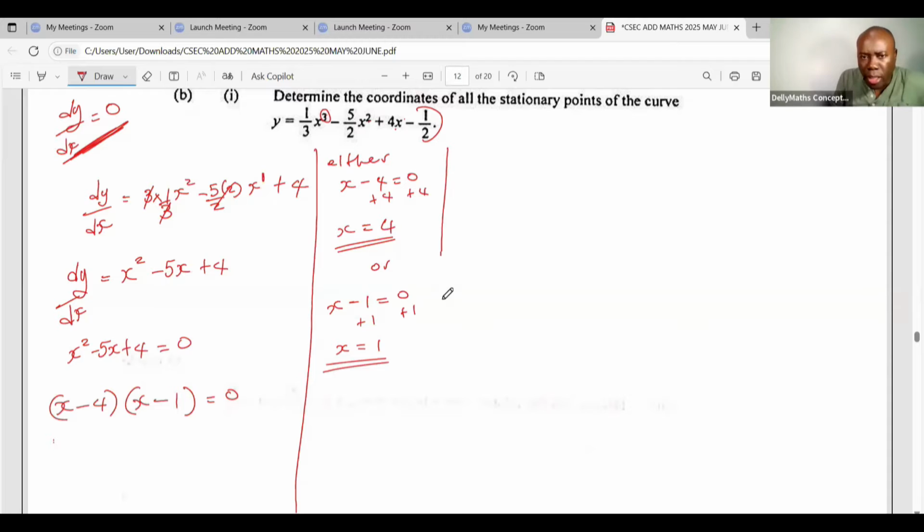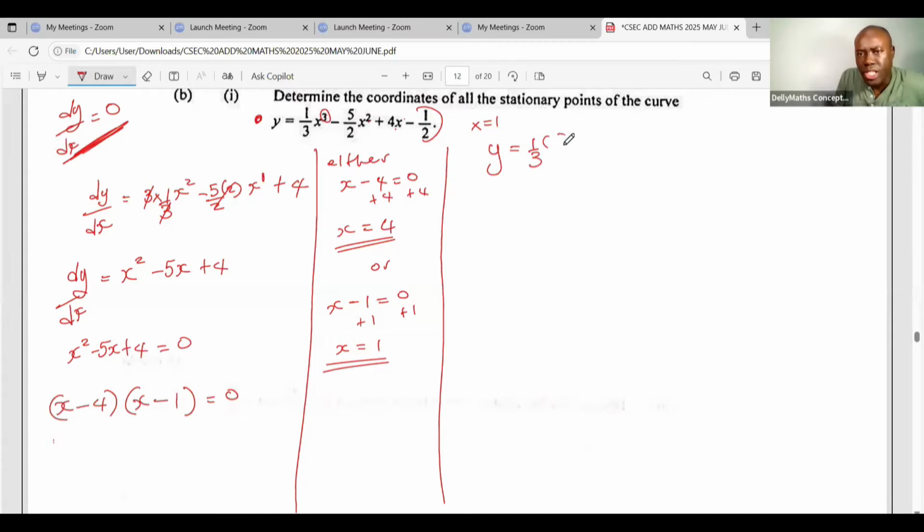Now, in order to get the coordinates that they want, we're going to substitute in this. So basically, remember, y is equal to, so I'm going to find the y when x is equal to 1. So when x is equal to 1, it's going to be 1/3.